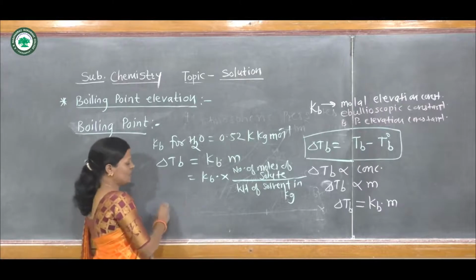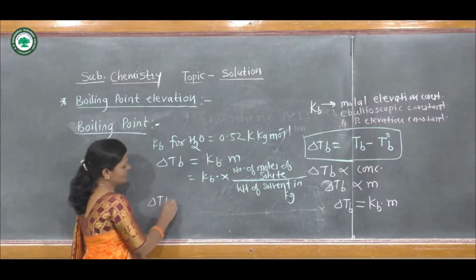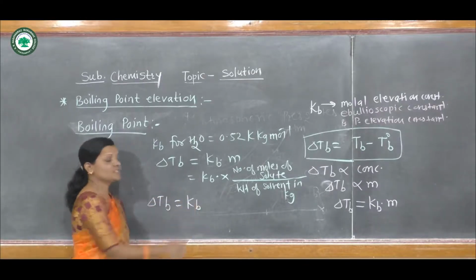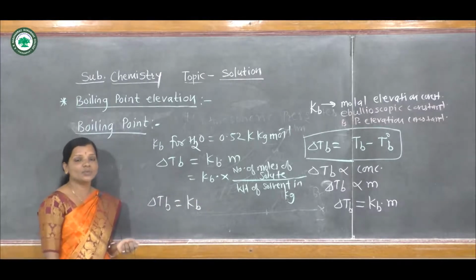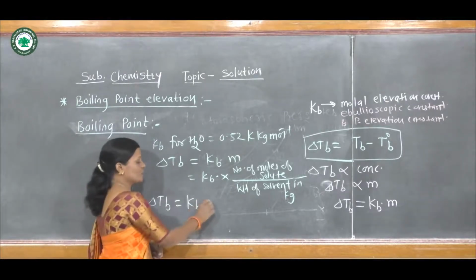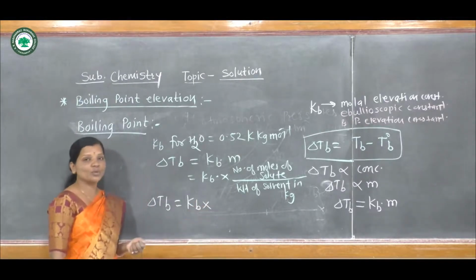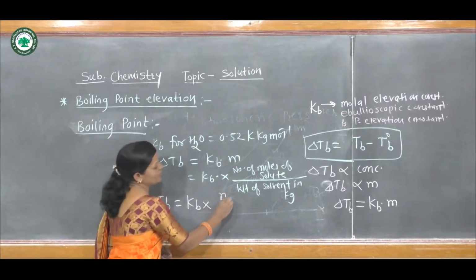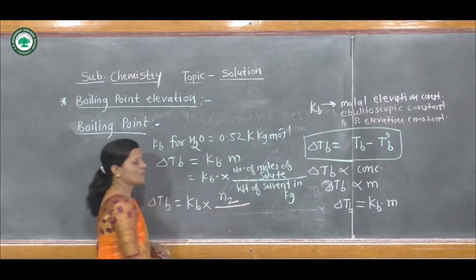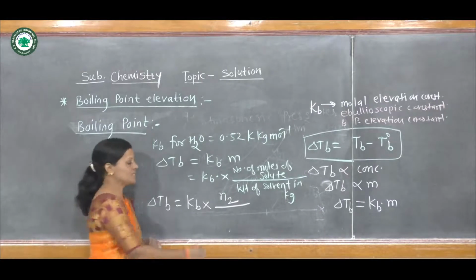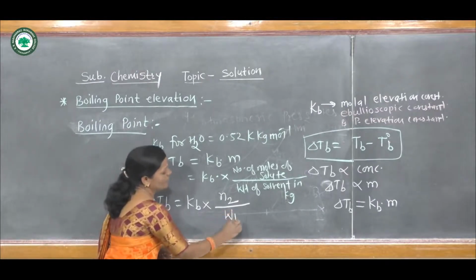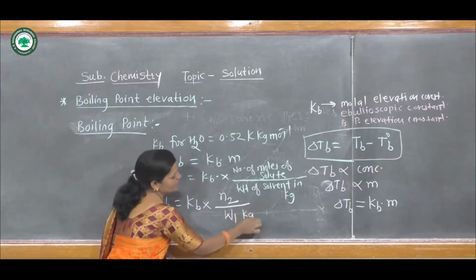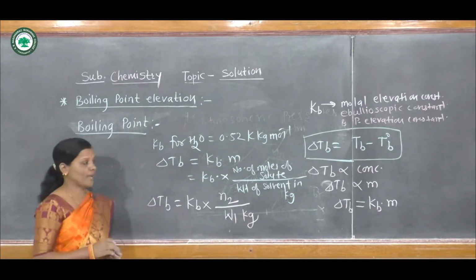Now this equation we can also write in simplified manner as delta Tb is equal to Kb into the number of moles of solute, indicated by the symbol small n2, divided by the weight of solvent, indicated by the symbol W1, which is considered in terms of kilogram.